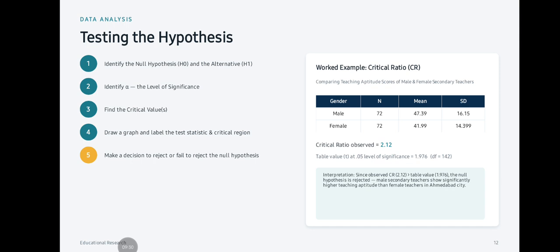Worked example, critical ratio, that is CR, comparing teaching aptitude scores of male and female secondary teachers. Interpretation is, since observed CR 2.12 greater than table value 1.976, the null hypothesis is rejected. Male secondary teachers show significantly higher teaching aptitude than the female teachers in Ahmedabad city.